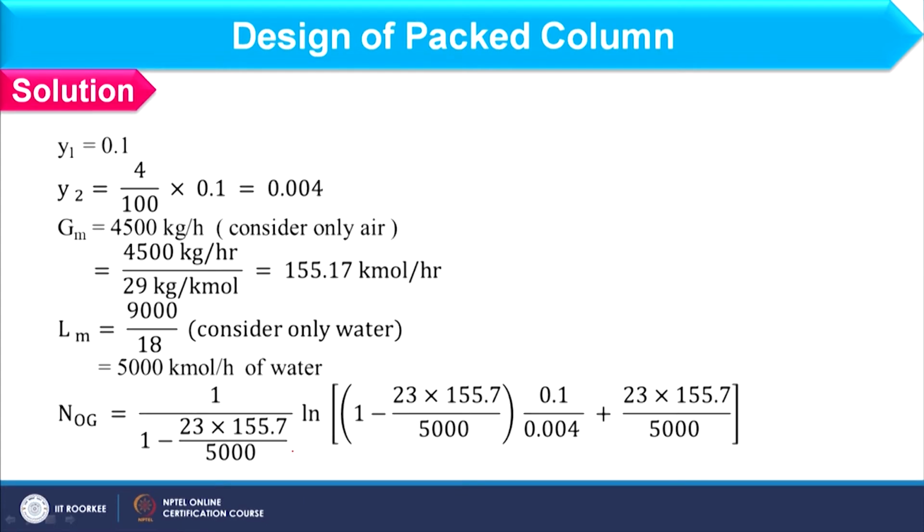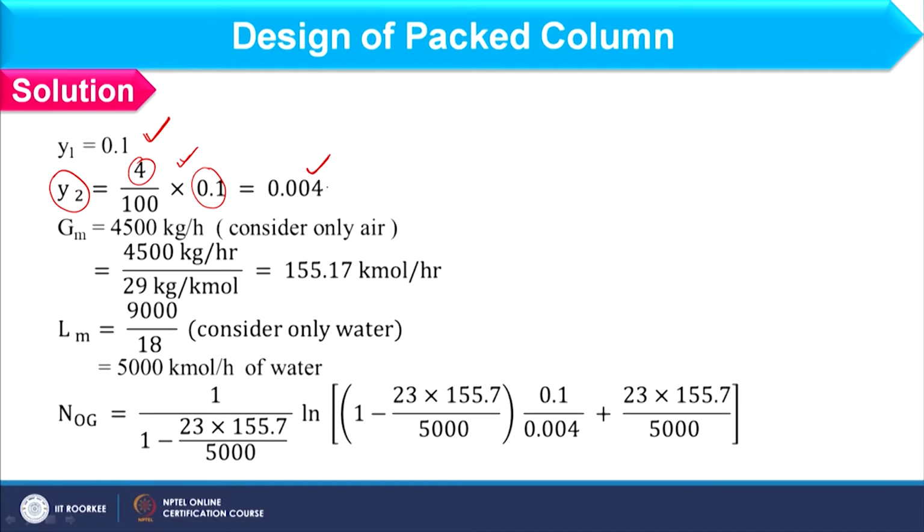If we consider the initial concentration of sulfur dioxide in the gas phase, that is given as 10%, so I am considering Y1 as 0.1. And Y2 is the concentration of the solute at exit condition, and here because 96% is dissolved in the water, 4% is available. So, 4% of 0.1, that should be 0.004, right.